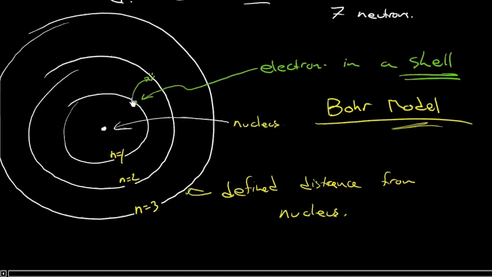Or what if I wanted to move halfway between n equals 2 and n equals 3? Well, the Bohr model tells us, because these are defined distances, that you can't do that. You can't move part way.